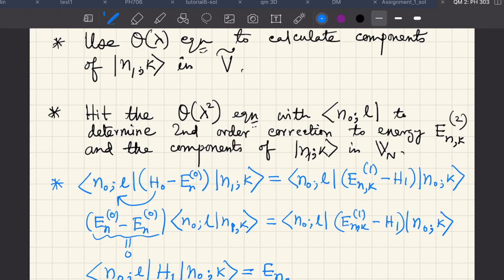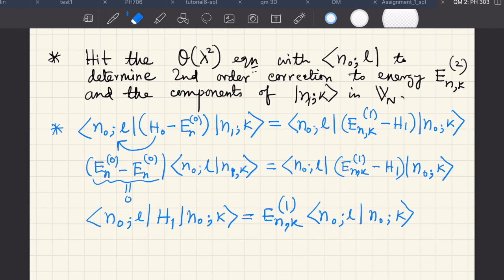n naught L H1 n naught K equal to E n^K 1 times n naught L n naught K. Now we already know what n naught K n naught L is. It is nothing but delta LK.